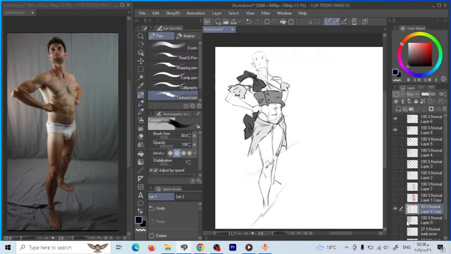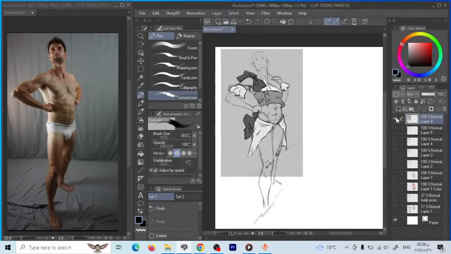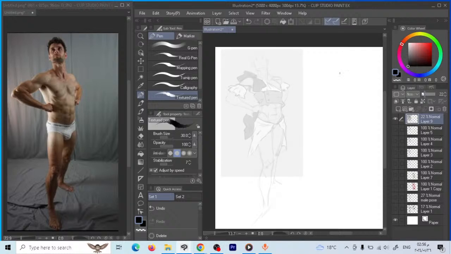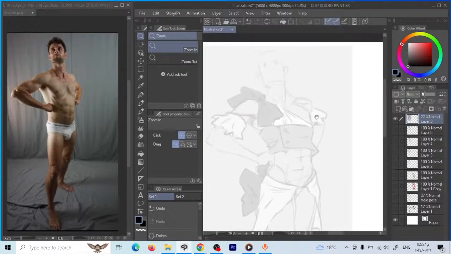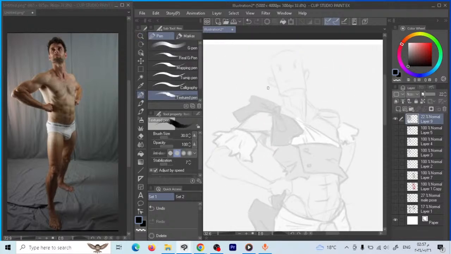Okay, let's just drop that. Now let's merge all these selected layers and start again, but in a very neat kind of drawing. So guys, for the line art, wait a second, the great thing about styles is they can evolve.